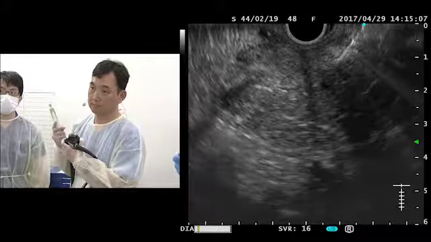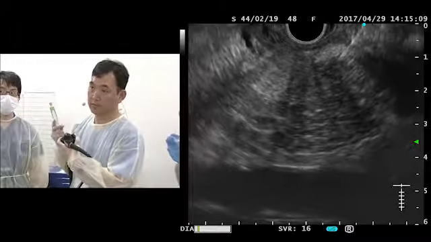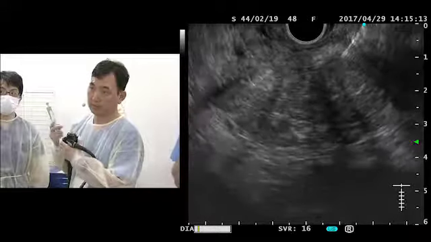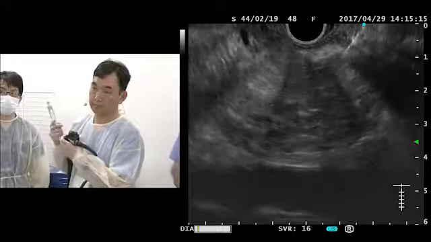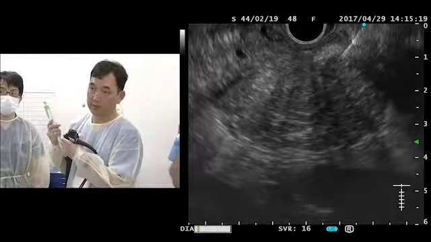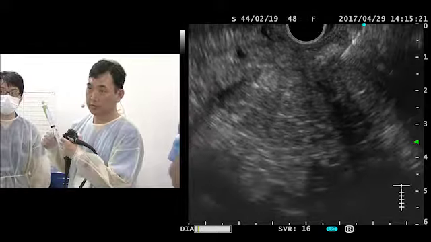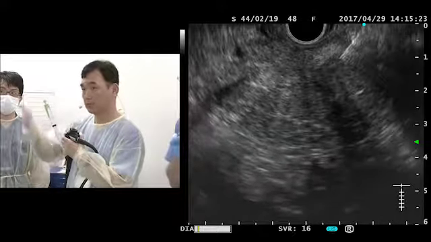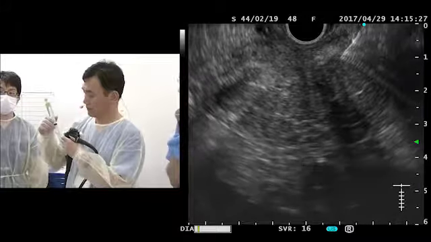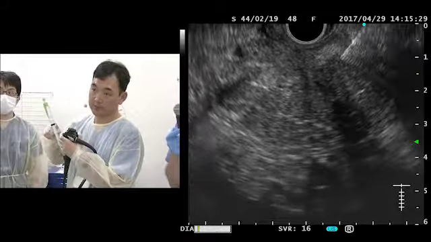Is it hard? So it did not penetrate well. Is it a firm lesion? Yeah, it is. One of the other things is I'm in a short position, so any force would push my endoscope backwards. So it does not translate to the needle advancement.